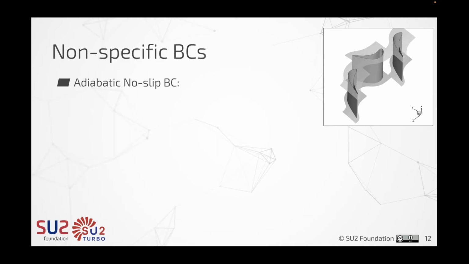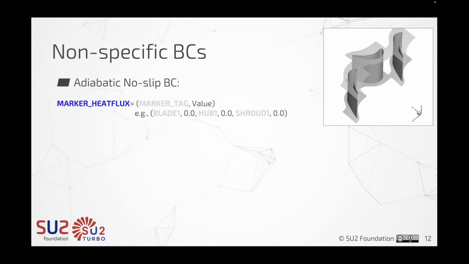So the hub, which is the surface at the lowest radius, the blades, which are, I think, very easy to spot here, and the shroud, which is the surface at the largest radius. So to apply this boundary condition, we can use the MARKER_HEATFLUX, specifying a 0 value for the heat flux.